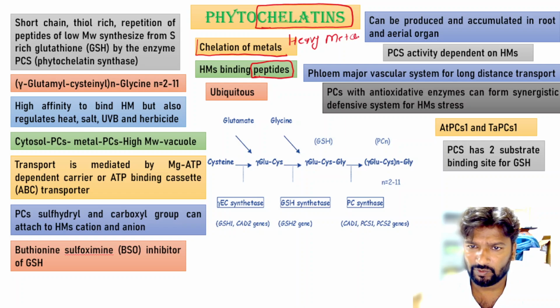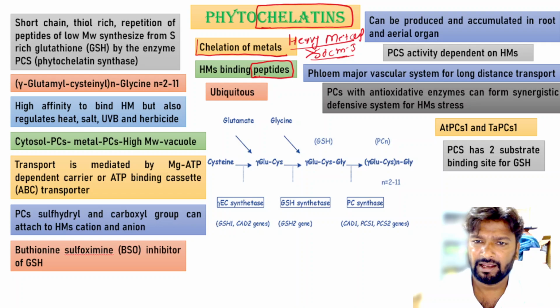Okay. So what are heavy metals? These are the elements which have a density of more than 5 gram per centimeter cube. And there are some d-block elements in the periodic table like mercury, cadmium, nickel, copper, zinc, even iron.